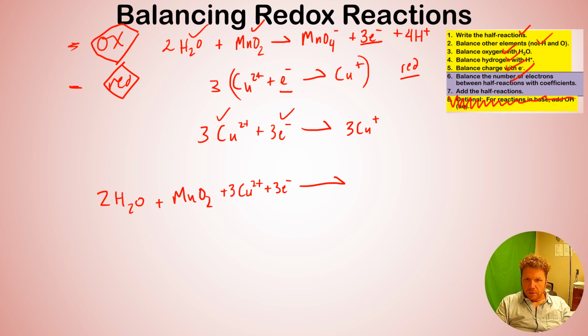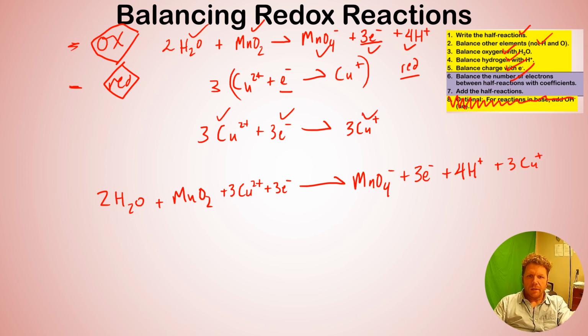Now I've got my products, MnO4- plus 3 electrons plus 4 protons. So check, check, check, plus 3Cu+. So check. Okay, so that accounts for all of my different species.